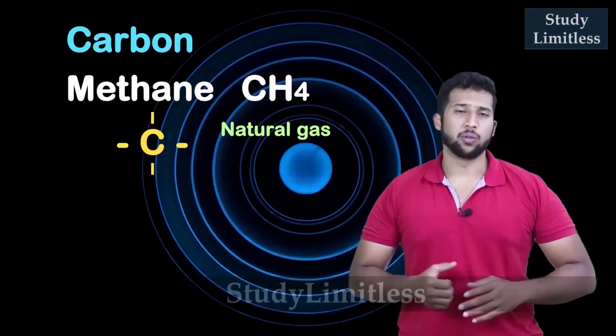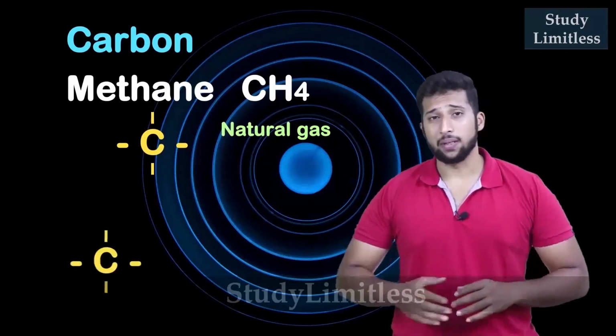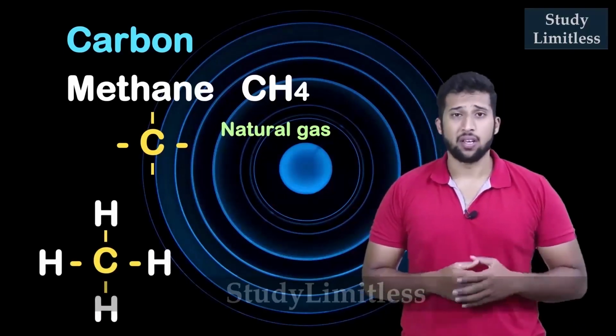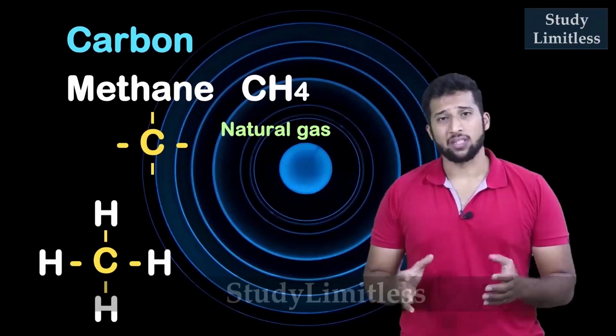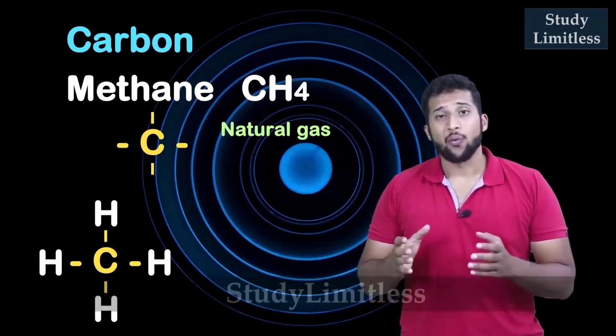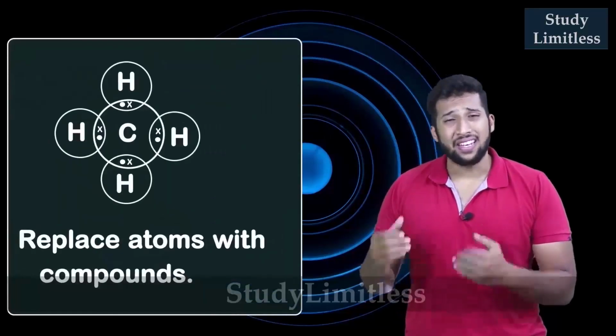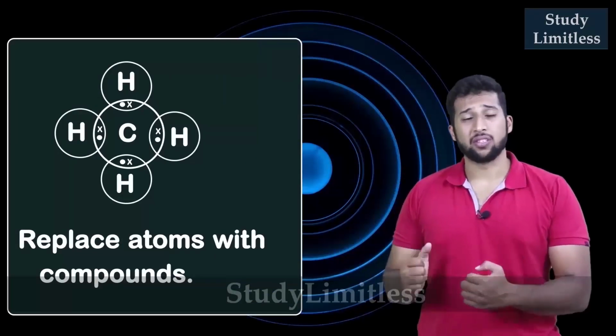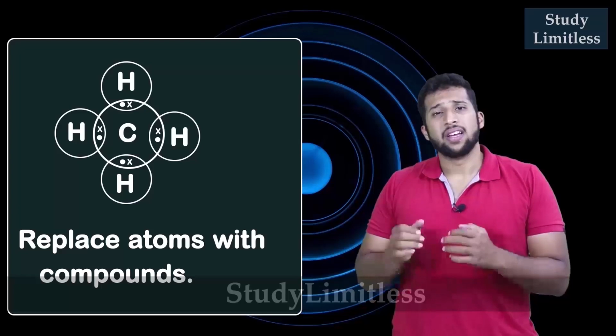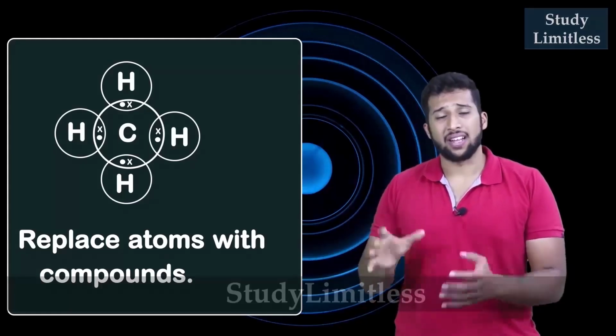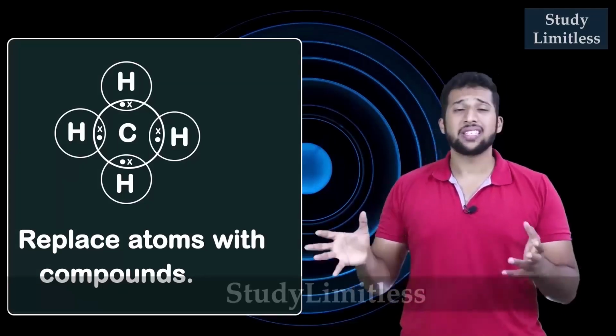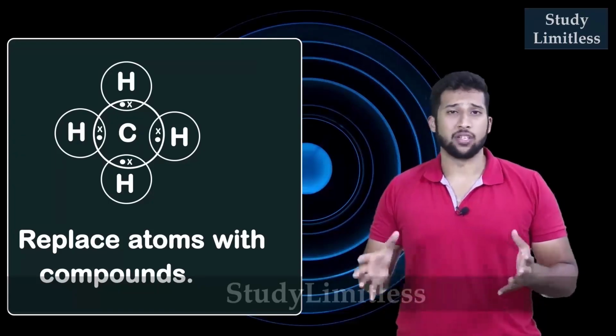So, you have 1 carbon and 4 hydrogen. Now, each of these hydrogen atoms shares an electron with carbon, and each of these electrons spends an equal amount of time in the hydrogen and the carbon orbit. And this is how you have the formation of methane.